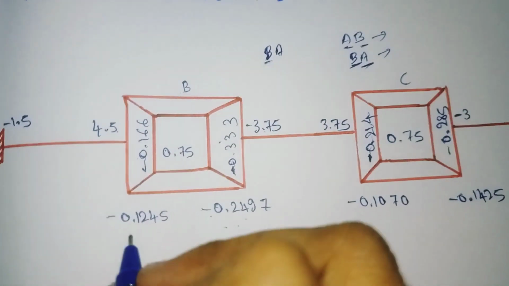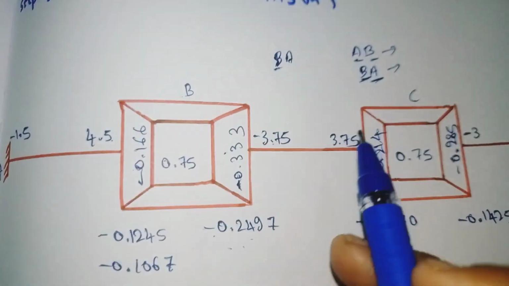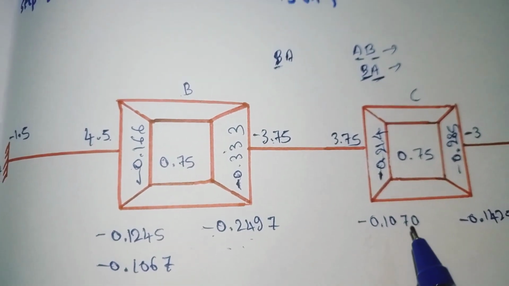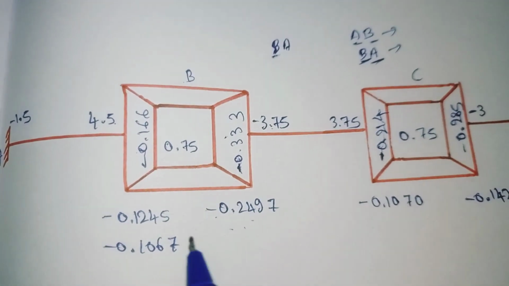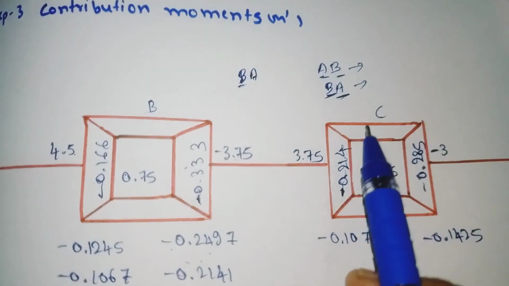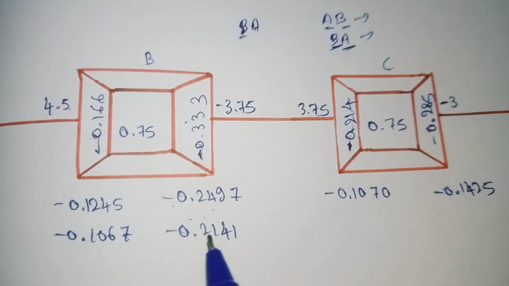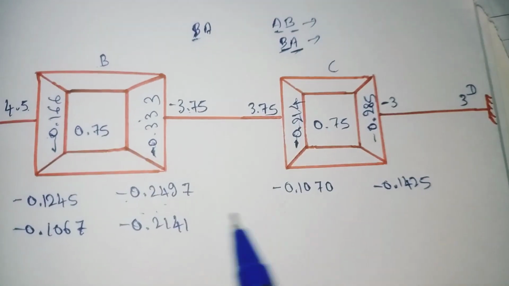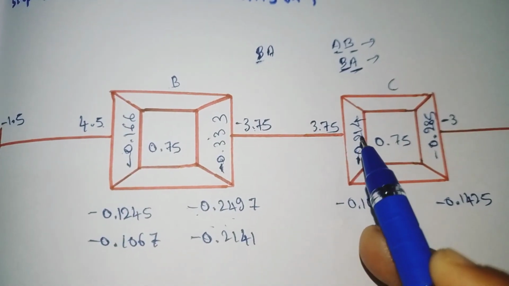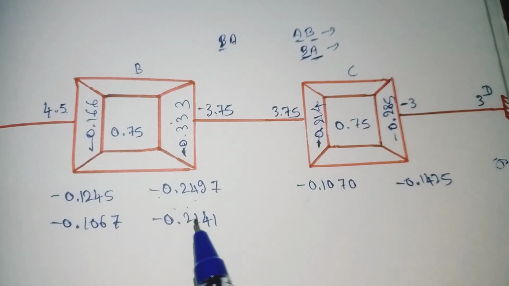So it will come out as minus 0.1067. Similarly for BC, minus 0.333 into 0.75 minus 0.1070, and here the value is 0. So we need to add these three. By simplifying, it will come out as minus 0.2141. Now similarly for CB, minus 0.214 into 0.75, here the value is 0, plus this value minus 0.2141.